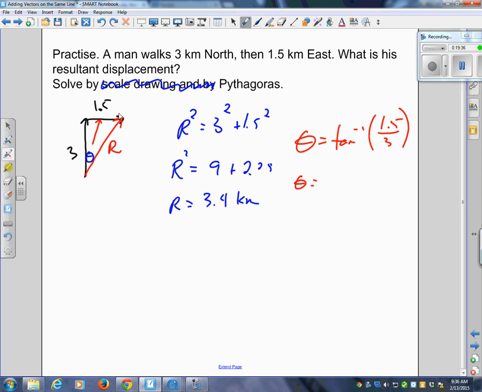Now some of you might have to do it the other way. 1.5 divided by 3. Well, I went the wrong button. I get 27 degrees. That's going to be north, 27 east.